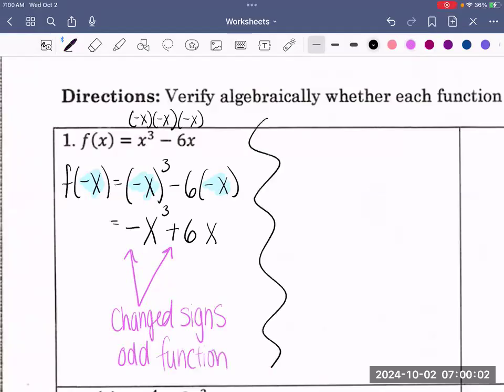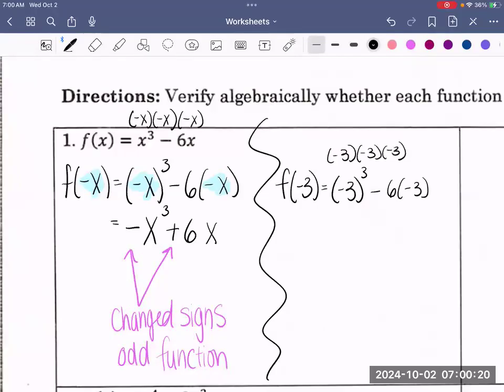So if you need something a little bit easier to see, maybe you don't like having just a symbolic value, we could, let's say, put in a negative 3. Well, negative 3 cubed minus 6 times negative 3. Negative 3 cubed is just multiplying by itself 3 times, and notice that while the first two negatives cancel, the other negative stays.